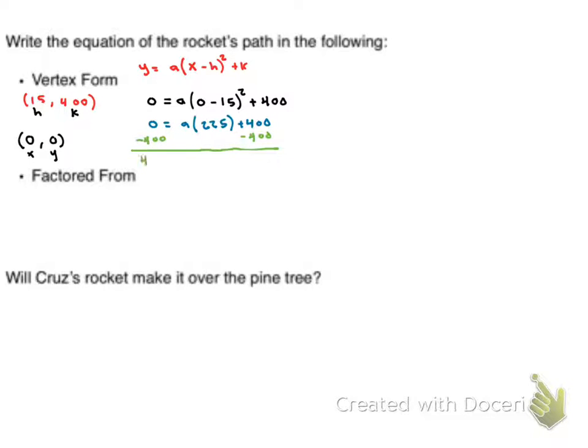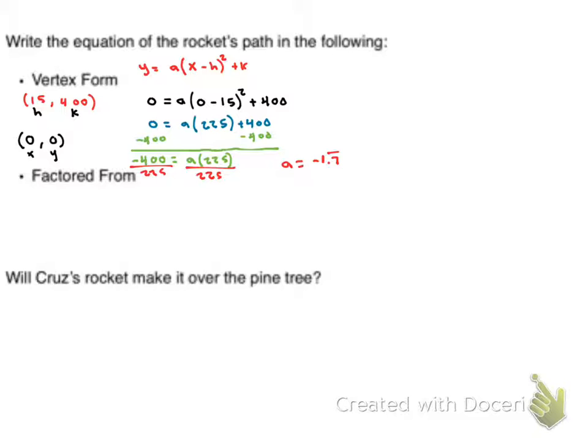We're left with negative 400 equals a times 225. Finally, divide by 225 on both sides. And we get that a equals negative 400 divided by 225, which is negative 1.7 repeating.